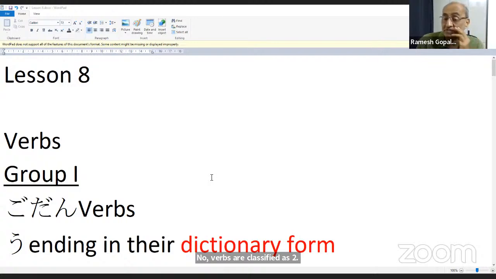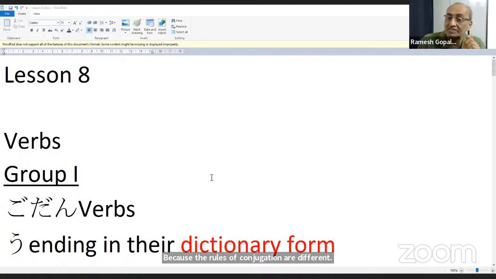Why do we have to classify verbs? Why are verbs classified as 2? So it's almost like saying there are 2 kinds of verbs. It's not 2 kinds of verbs. They are classified as 2 because the rules of conjugation are different.